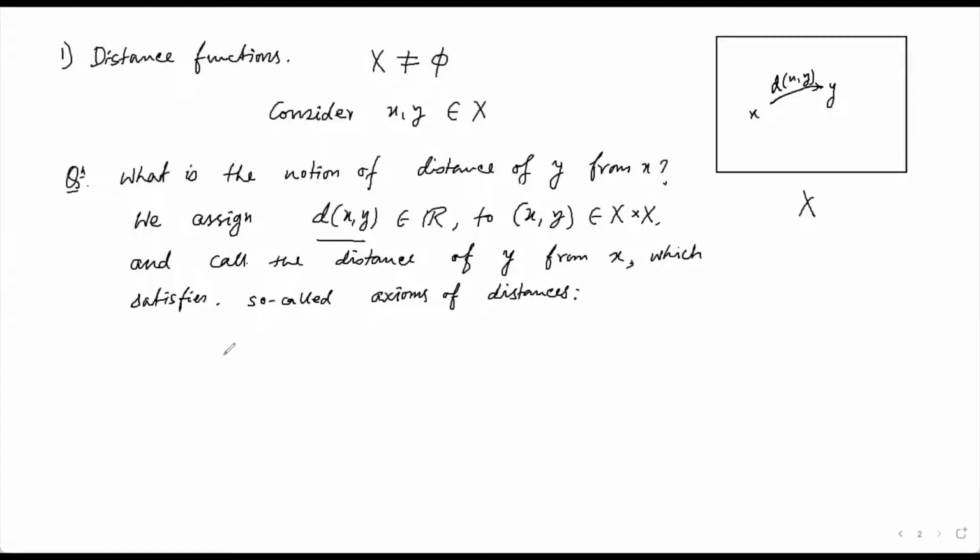So what are the axioms? So axiom 1: d(x, y) is always non-negative.